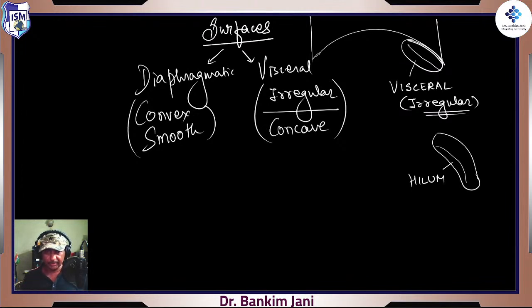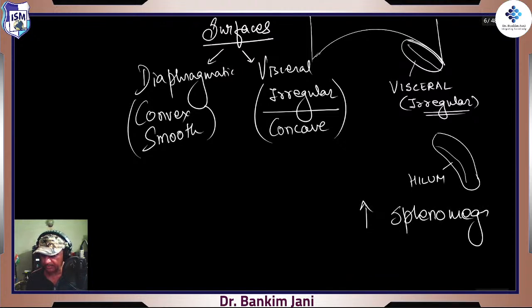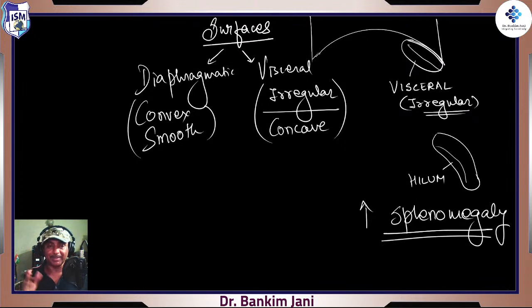Now, the spleen will be involved in many diseases and its size is going to increase. If spleen increases in size, it is called splenomegaly. If it is liver, it is hepatomegaly. In such cases, spleen is to be palpated, right?